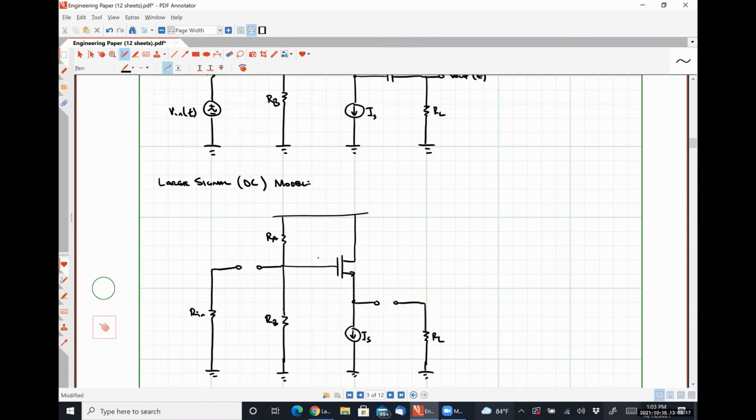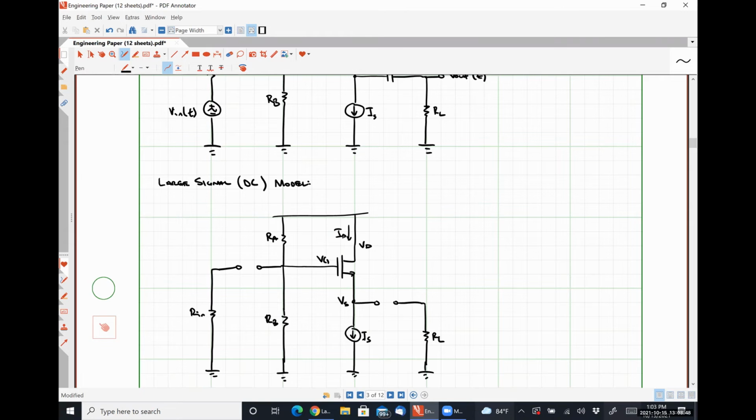There's VG, VD, and VS. And here is our drain current ID. Okay. Again, for all of these, we're going to assume saturation operation because we know that the transconductance is going to be larger in the saturation region, which means we're going to get better amplifiers using them.